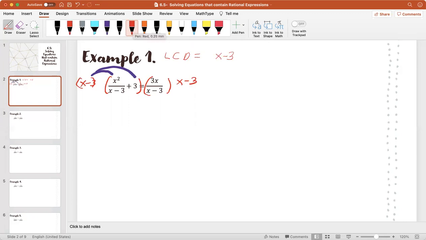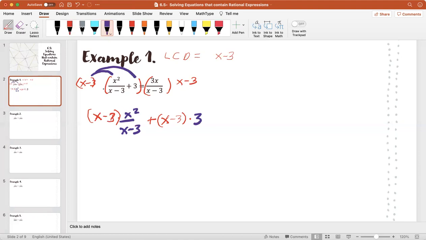That means we have x minus 3 times your x squared over x minus 3, and we also have plus your LCD, which is again x minus 3, times 3.